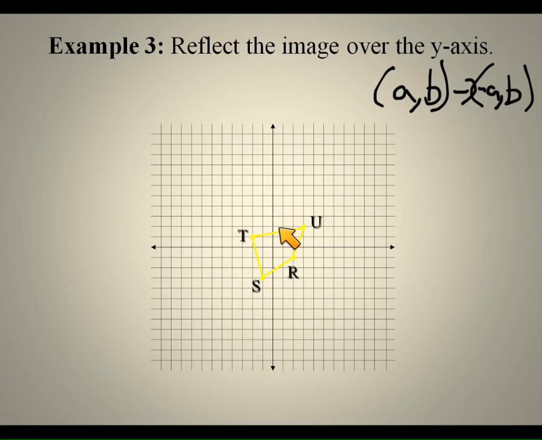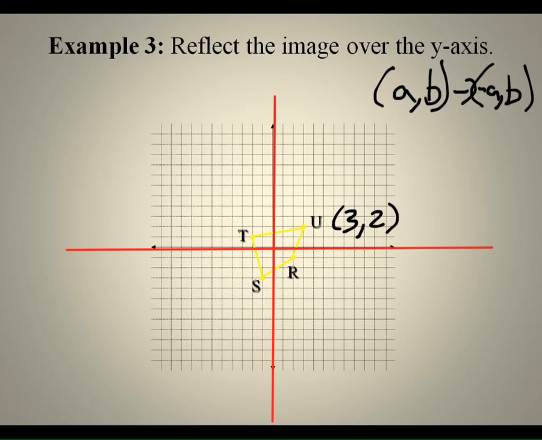So let's look at that. Point U. And let me darken up my axis here so you can see them. Point U is 3, 2. So U prime is going to become what? Opposite of the x, leave the y the same. -3, 2.